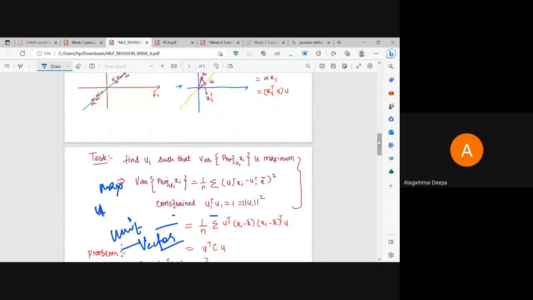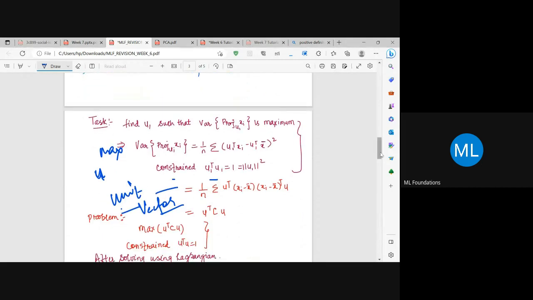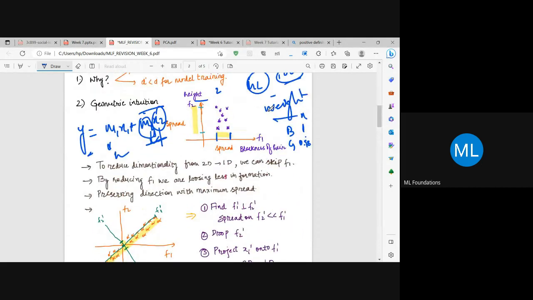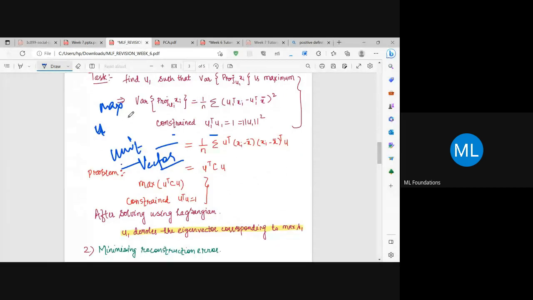Okay, fine. So this is not the exact replica of how PCA works, but it works similar to that. Here also I'm doing the same steps. I just want to maximize the variance.